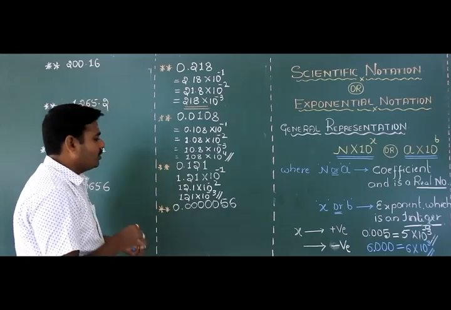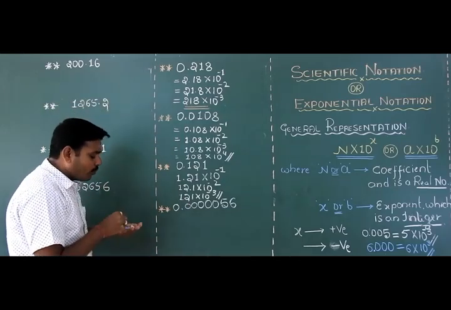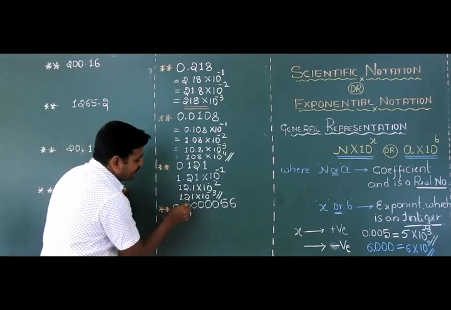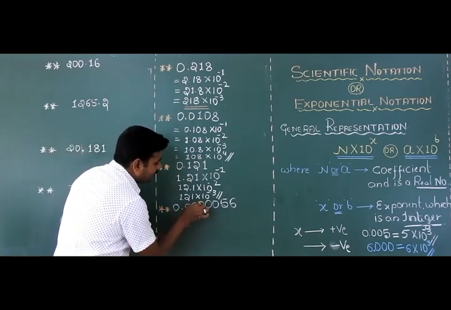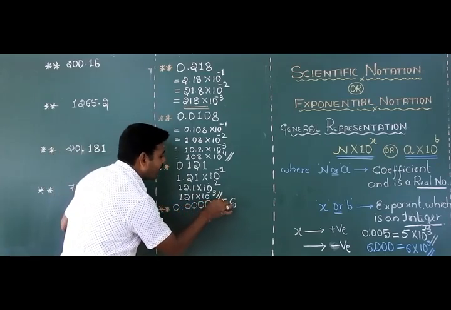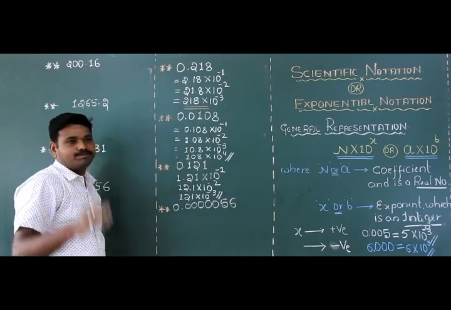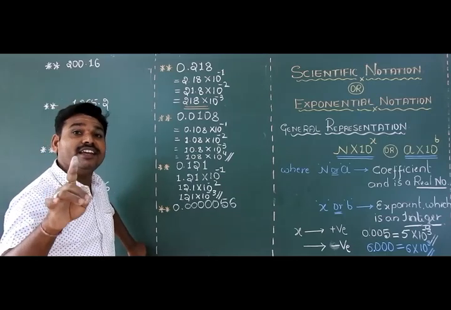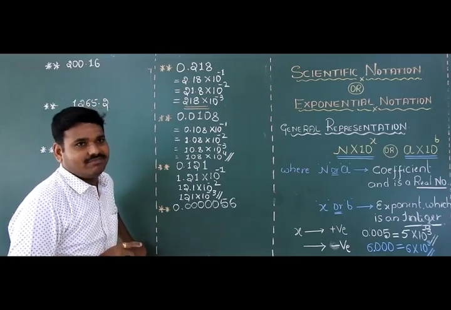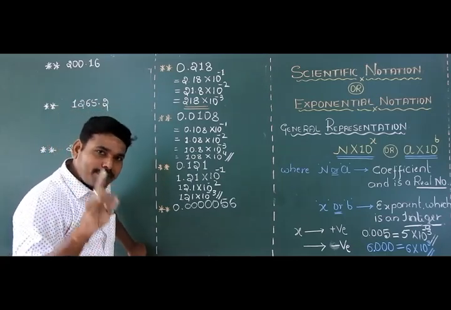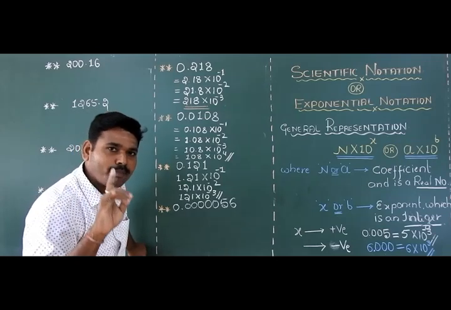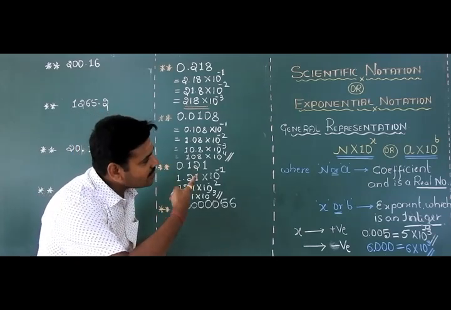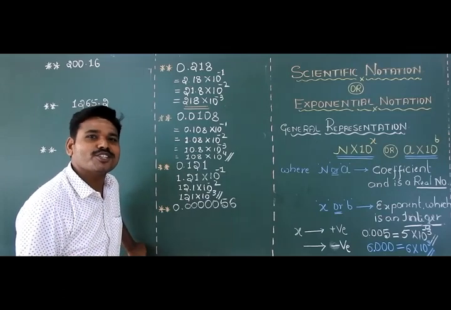Now switch on to the fourth example, 0.00000056. This is the given number, and here the number is very small. Now let us represent this small number in a scientific notation or in an exponential notation, students.